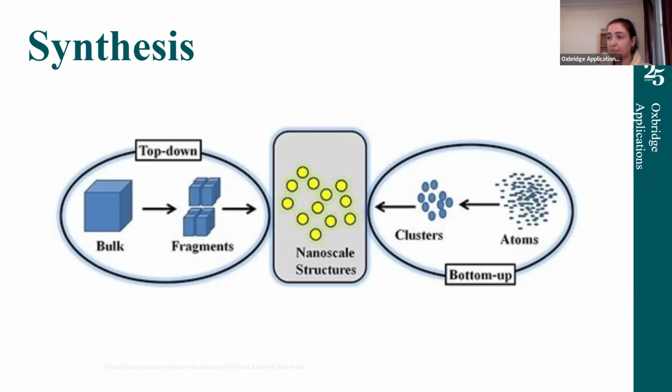So you break them down into the nanoscale. The other approach is starting out with atoms. So this is the bottom-up approach. And you can essentially, using scanning tunneling microscopy, for example, assemble atoms and molecules into the structures that you want. And so you can precisely engineer your nanostructures using the bottom-up approach.